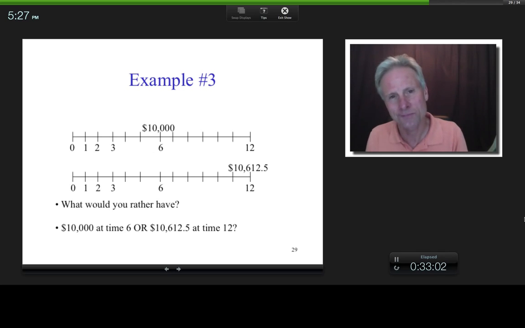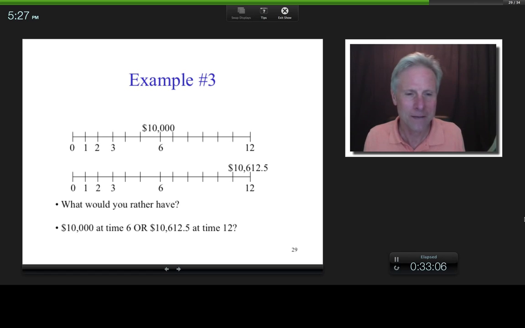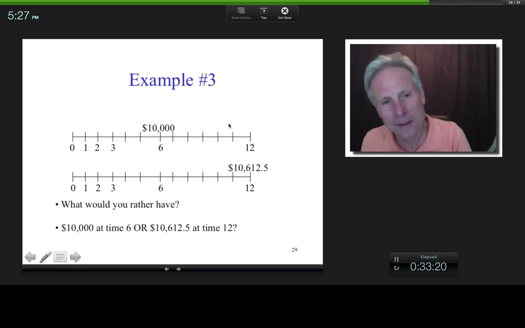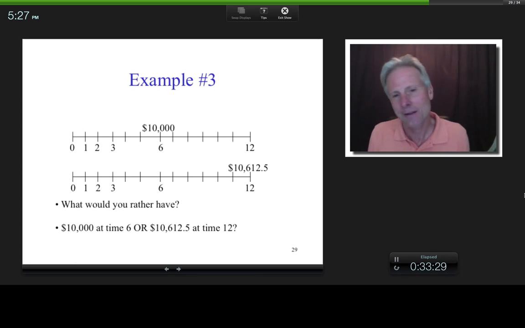So here's my question, okay? Given the effective rate, if we don't change that, then what would you rather have? Would you rather have the 10,000 at time 6 or this amount at time 12? Well, you might say, I'd rather have the 10,000 at time 6 because maybe I want to go spend it, or I'd rather have this much at time 12 because that looks like a bigger amount of money and I just feel richer that way.